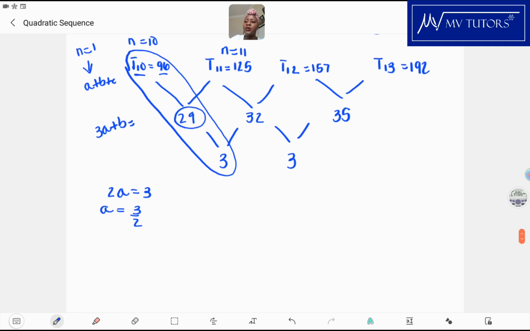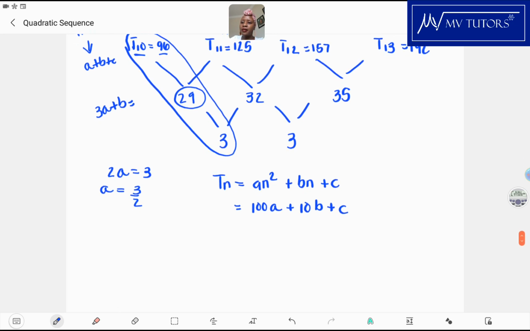So I have a here already, but let's just ignore that for now. Remember, the general term formula is an squared plus bn plus c. If I substitute n is equal to 10, I'm going to get 100a plus 10b plus c. That is for T10.